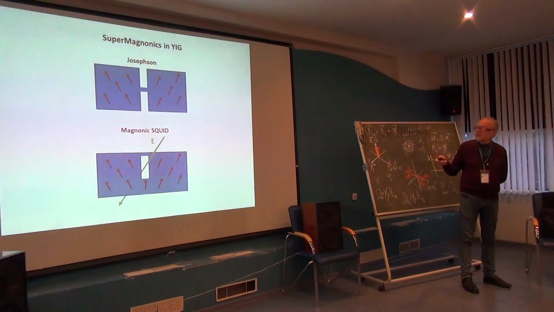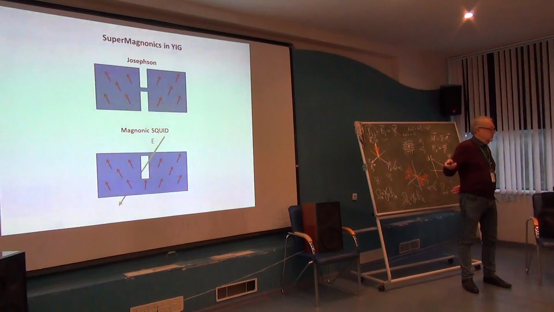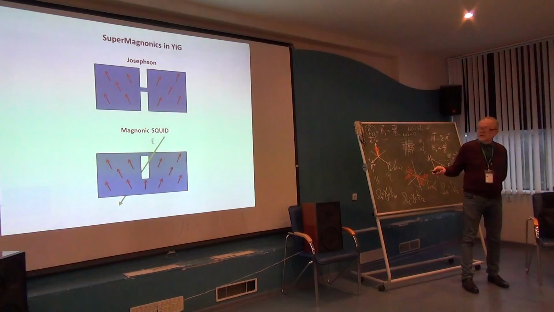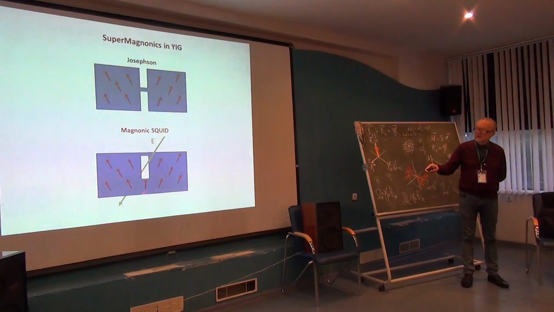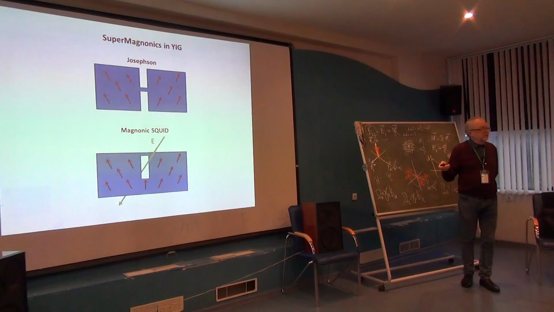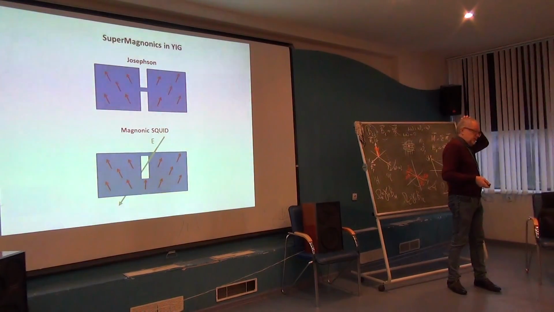So, if we decrease the size of this bridge, then we should see the Josephson effect. If we make, for example, a Josephson bridge and a big channel between two films, then what do we have? We have a SQUID. A SQUID is a quantum interferometer based on the Josephson effect in superconductors.